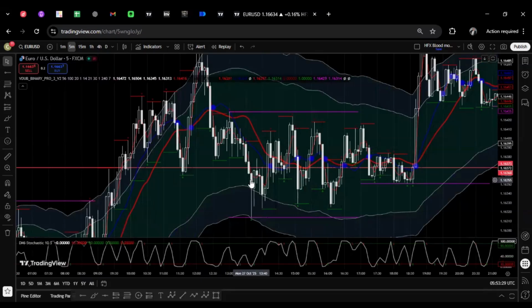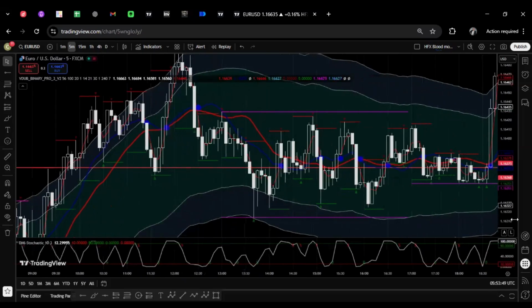So you can see that on an uptrend, the blue line is your support for a buy, and the red is your resistance for a sell. You can see it pulled back, respected this one, and continued selling. At this particular point, you have multiple confluence.